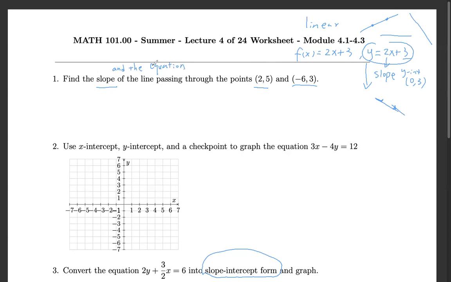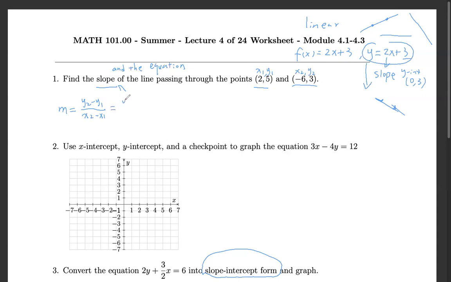The equation is like a name for the line. It represents the line passing through those 2 points. Slope has a formula: y2 minus y1 over x2 minus x1, if you remember from high school. We call the first point (x1, y1) and the second point (x2, y2), or vice versa.